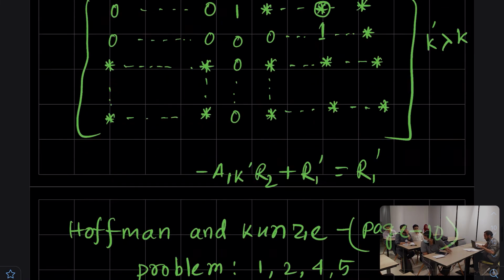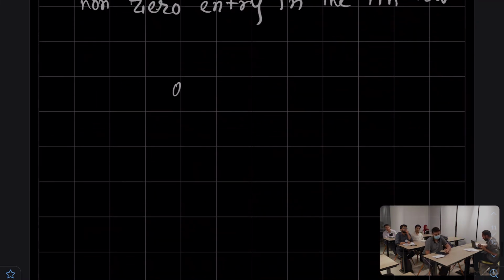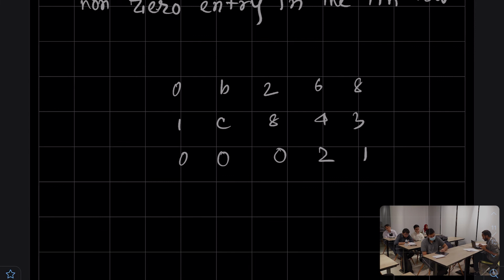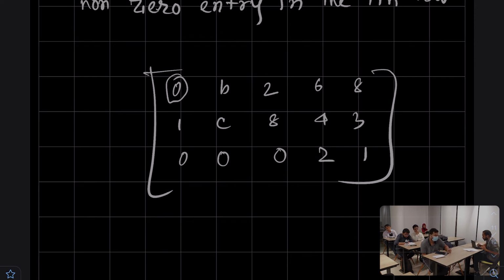So okay, I think I can give you an example. Let us consider 0, b, 2, 6, 8, 0, 1, something else. Let's see, 8, 4, 3. So do I need to consider this 0 in the first place? No. So to make it a row reduced matrix, I have to multiply row 1 by 1 over b, right?